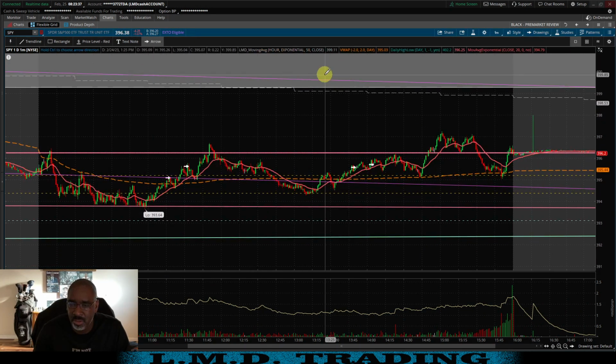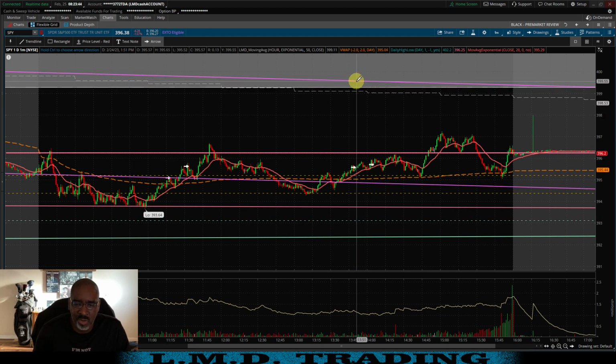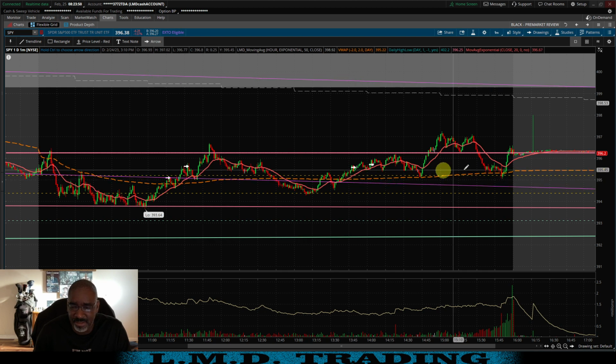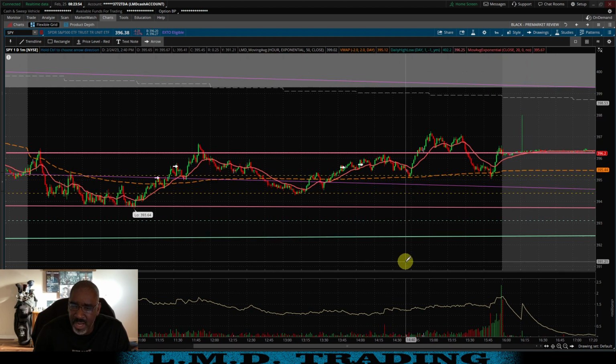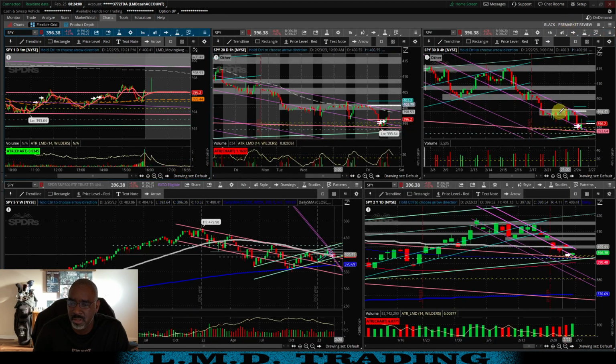Let's see. So there's the upper part of that channel right there. But we are in a 4 hour or a macro down channel right now. We have gotten into that down channel, and the SPY is going to keep going down until it can break out of this channel, because this is the most current.